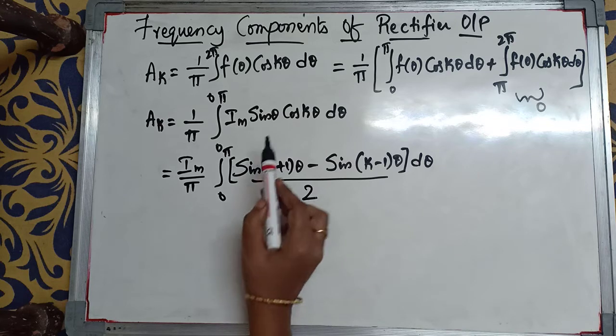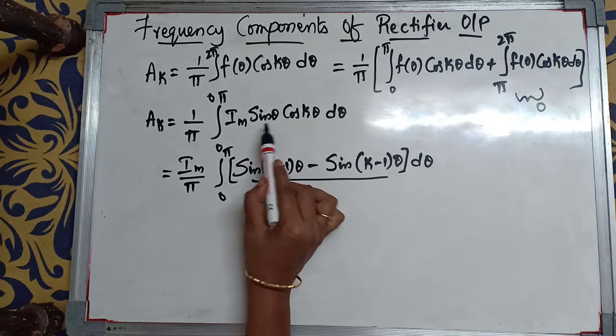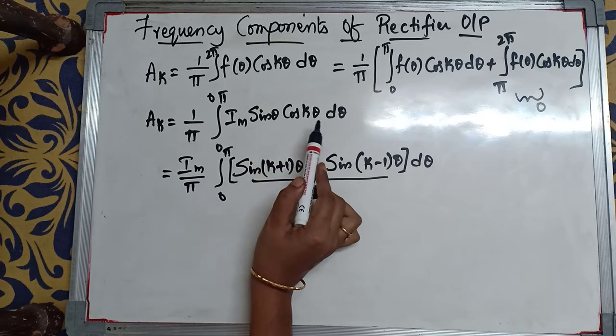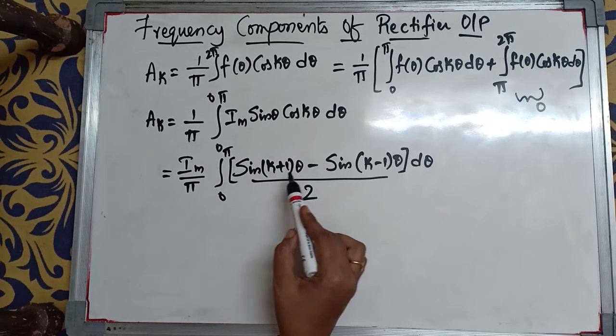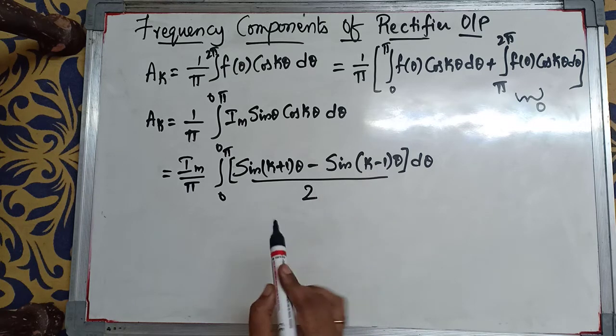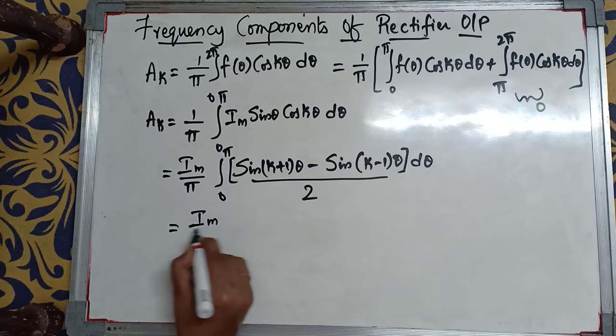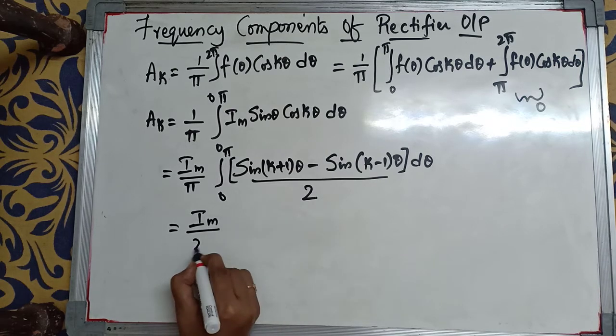Here we are taking a as k theta and b as theta. So therefore sin a cos b can be written as sin of a plus b minus sin of a minus b by 2.